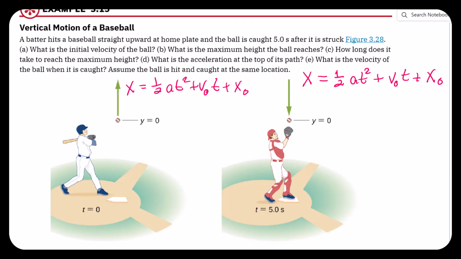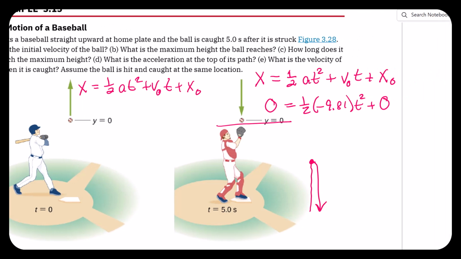Okay, so what is the initial velocity? Well, it's going to go up, then stop, and then come back down. On the way back down, we could say its final height is 0. It's 1/2 times negative 9.81 t squared. Its initial velocity on the way down is 0, and its maximum height we'll just call h, plus 0 times t, but it's just 0.